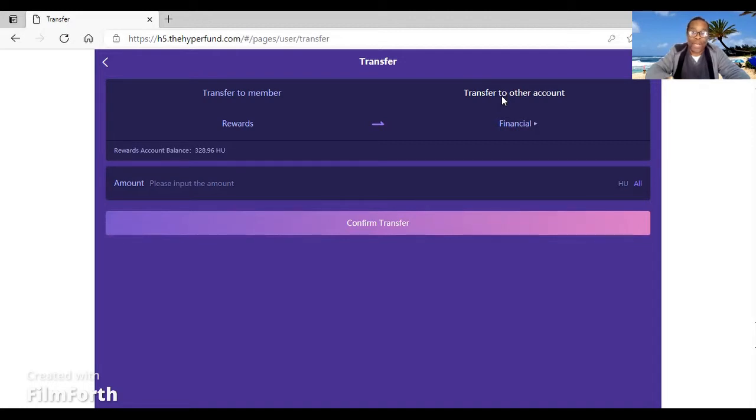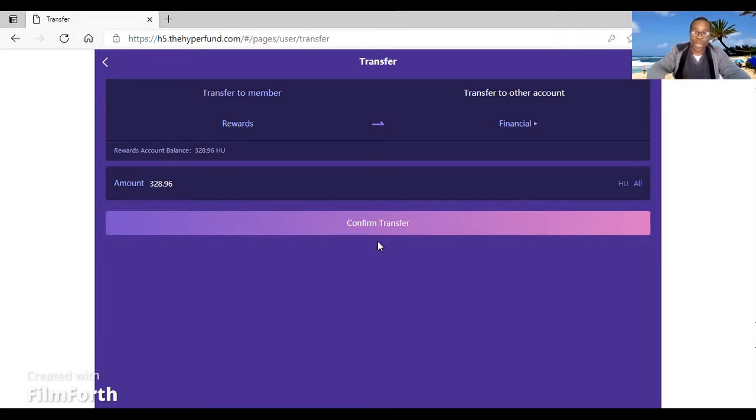All right, so this is exactly what we are doing. With this, I know that I have up to 50 HU, so I am transferring all of my rewards to financial. Bear that in mind, because if you take it to anywhere other than financial, it might get stuck.